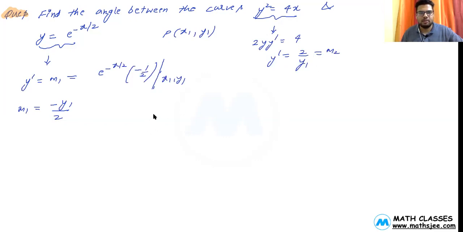So clearly we have m1 into m2 is equal to minus 1, because the point is same for this curve and for this curve. The point is same, x1 comma y1, where they are intersecting. So at those points m1 into m2 is equal to minus 1. So they will intersect at the angle theta equals pi by 2, 90 degrees.